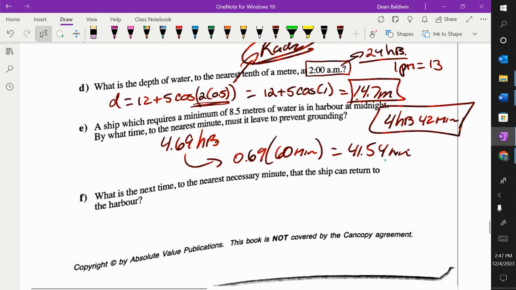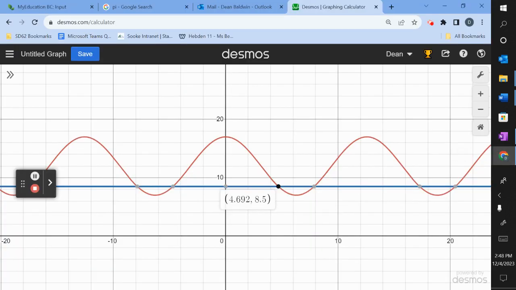Okay. When can the ship come back? In other words, when is the water level above 8.5 meters? So if you look at the graph, it's the next little bit. This bit right here, 7.87.